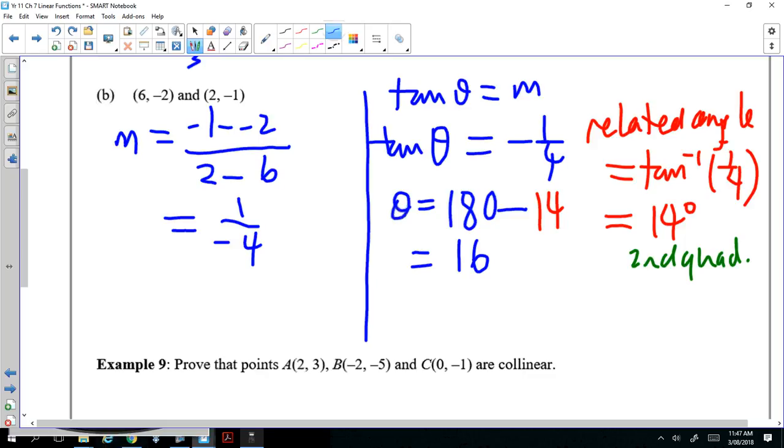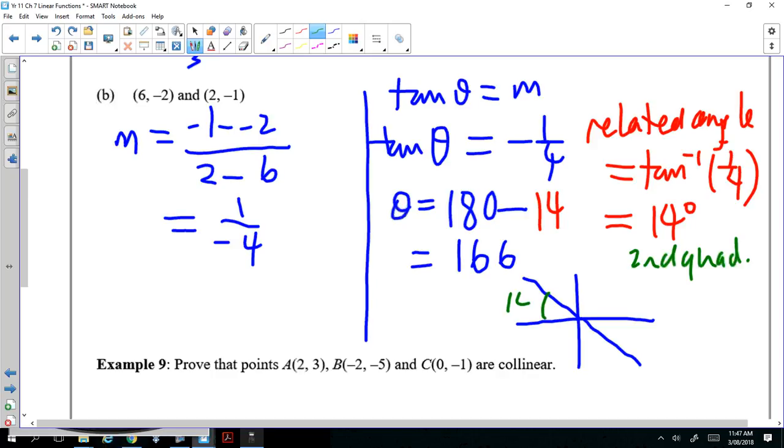Why is it 180 minus? Remember, tan is negative in the second quadrant and the fourth quadrant, isn't it? So your related angle is 14 in the second quadrant and this quadrant. So how do you find this angle? 180 minus. Right, from trigonometry.